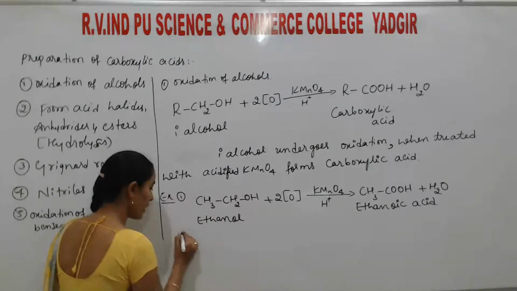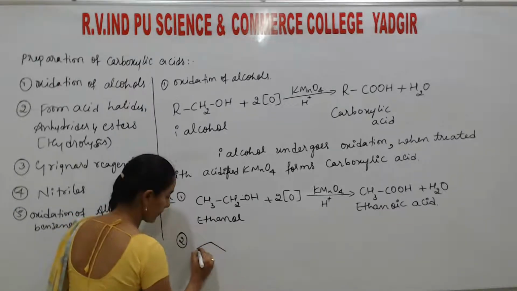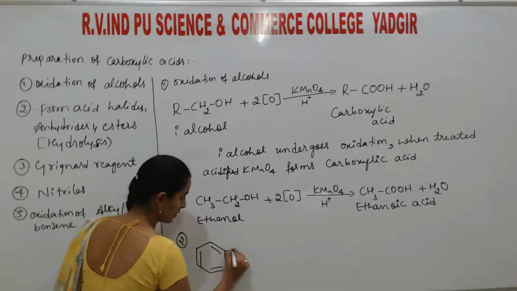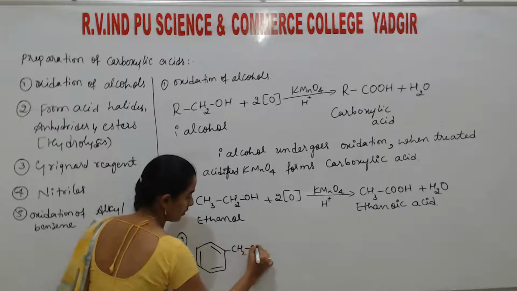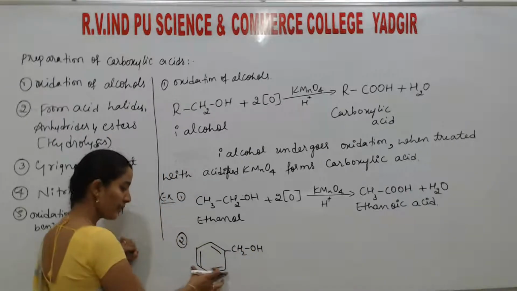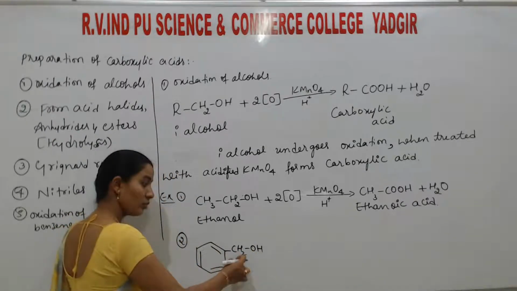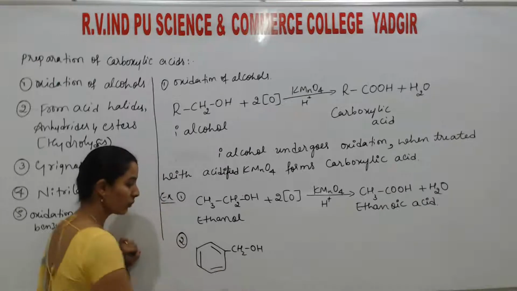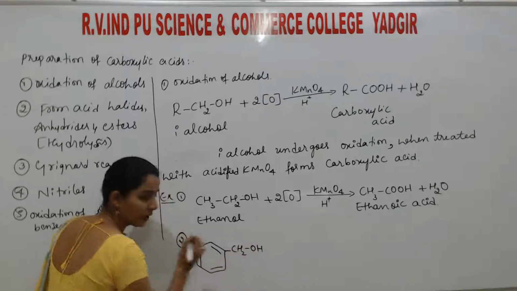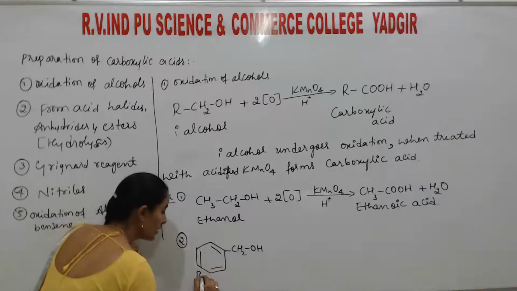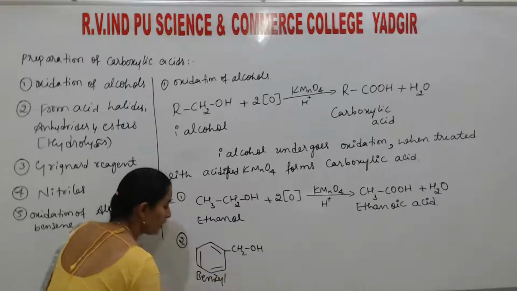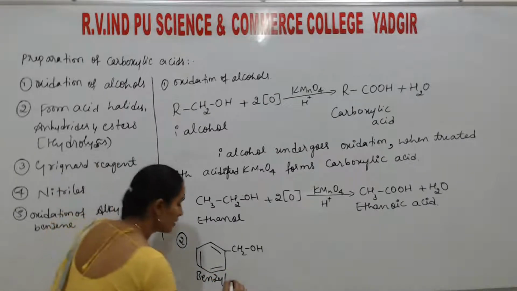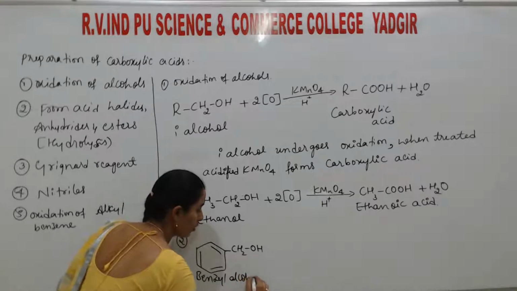So if you take example 2, if a benzene ring is attached to CH2, further attached to the functional group, this group, the benzene ring with the CH2, is called benzyl. This is benzyl alcohol.